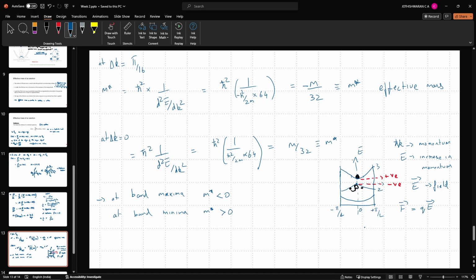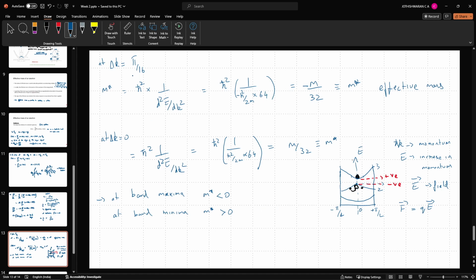Essentially, the negative effective mass that occurs at the maxima is absorbed into the charge of the electron itself, and then we treat it as a positively charged particle with positive effective mass. So this is the idea of effective mass.